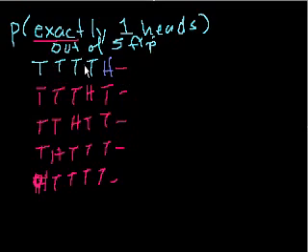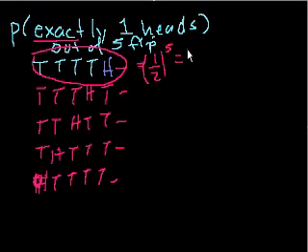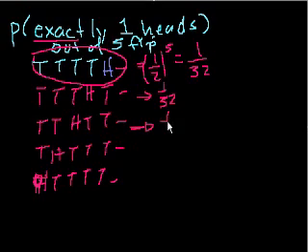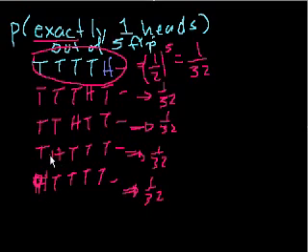So what are the chances of any one of these possible outcomes? Well, if we just look at this one, there's a chance of 1/2, 1/2, 1/2, 1/2, 1/2. So it's 1/2 to the 5th power, which is equal to 1 over 32. And you use the same logic for each of these: 1 over 32, 1 over 32, 1 over 32. In general, when I'm flipping a fair coin 5 times in a row, there are going to be 32 possible outcomes, and each of these is just one particular outcome.